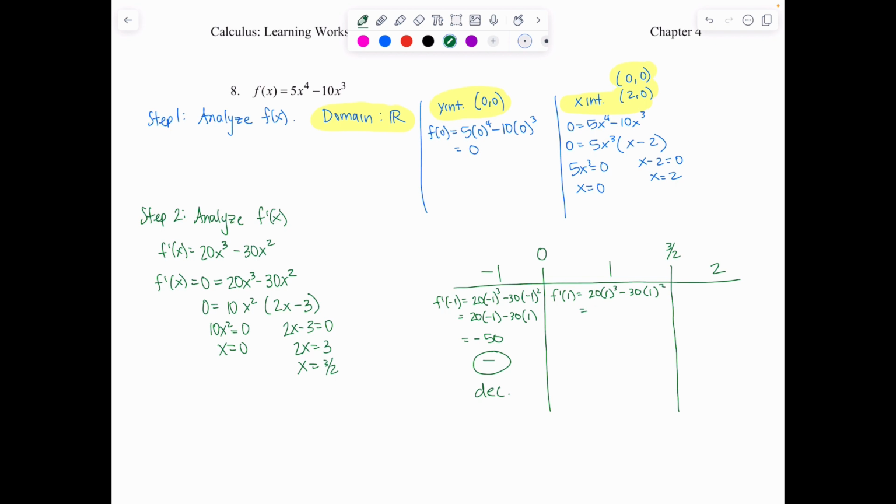So we have 20 minus 30 is negative 10, a negative, decreasing.